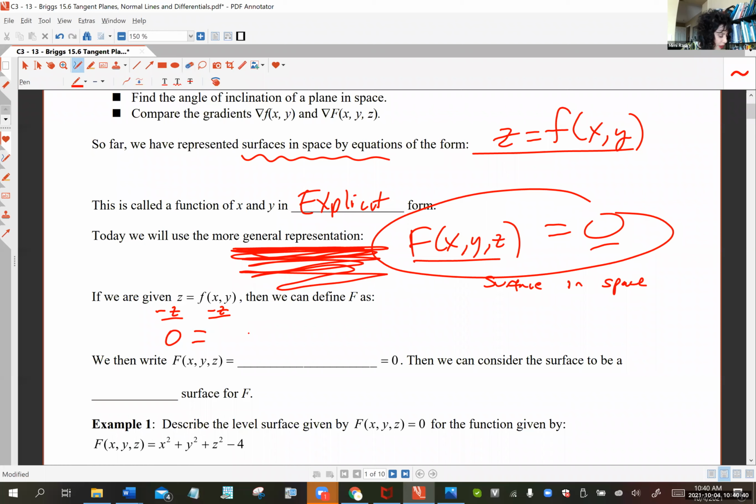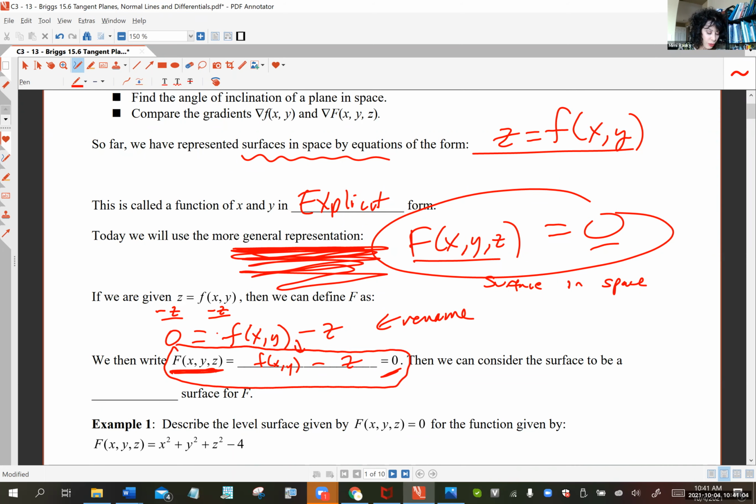And you get 0 is equal to whatever the x's and y's were, minus z. And then you're going to rename this to big F. So your big F is essentially little f of x, y minus z, and you're setting that equal to 0. And that's the more general representation for a surface in space.